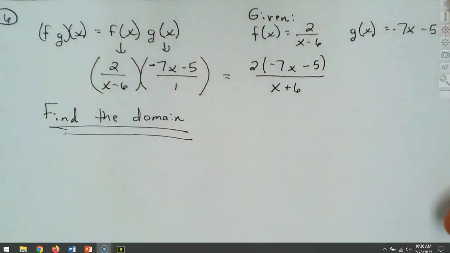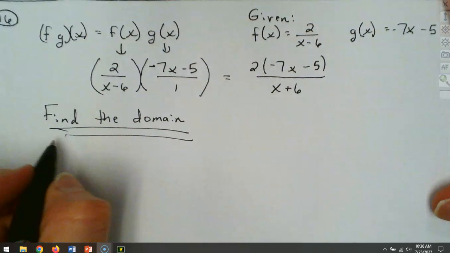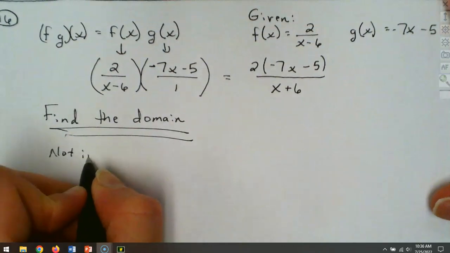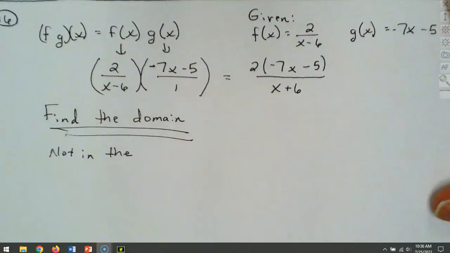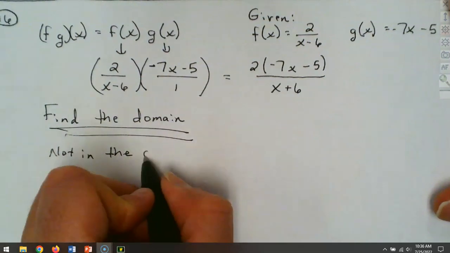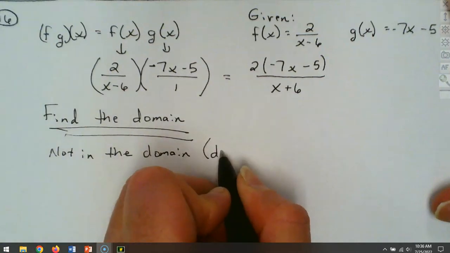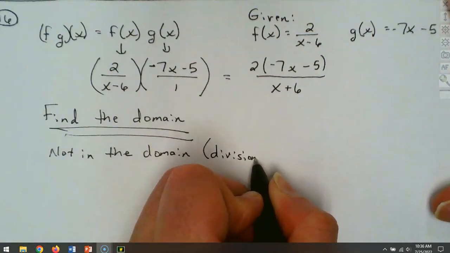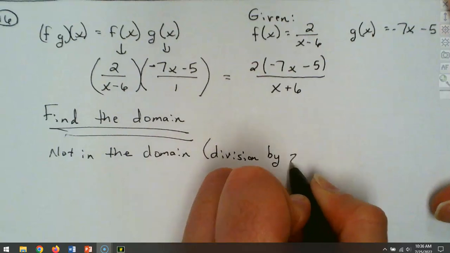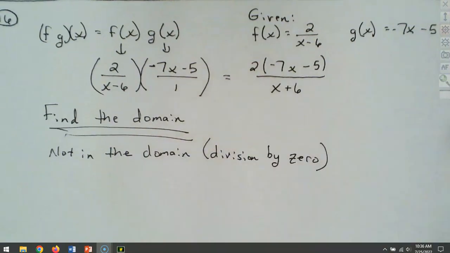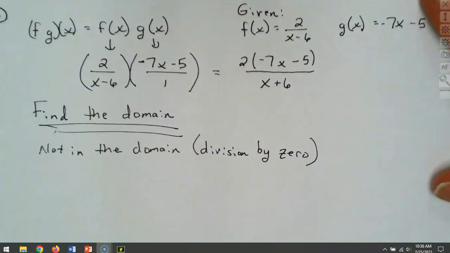domain. Now, what numbers are not in the domain? Well, numbers that are not in the domain, that's division by 0. So we, remember, cannot have division by 0.